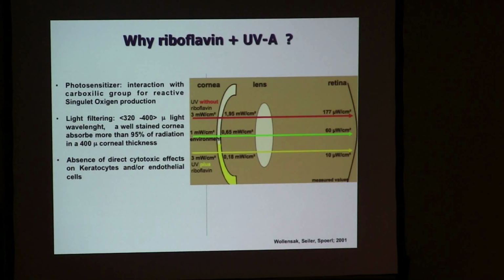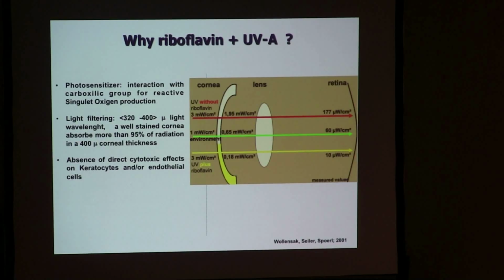Why use riboflavin? Because riboflavin is a photosensitizer. It is responsible for singlet oxygen production and the reactive process of cross-linking. It is a light filter. It confines the cross-linking just to the cornea, not to the endothelium.